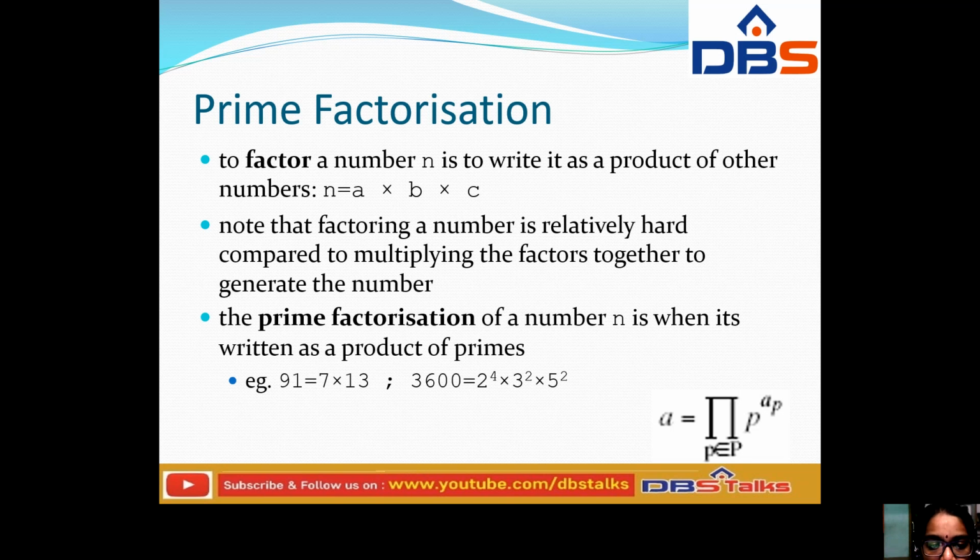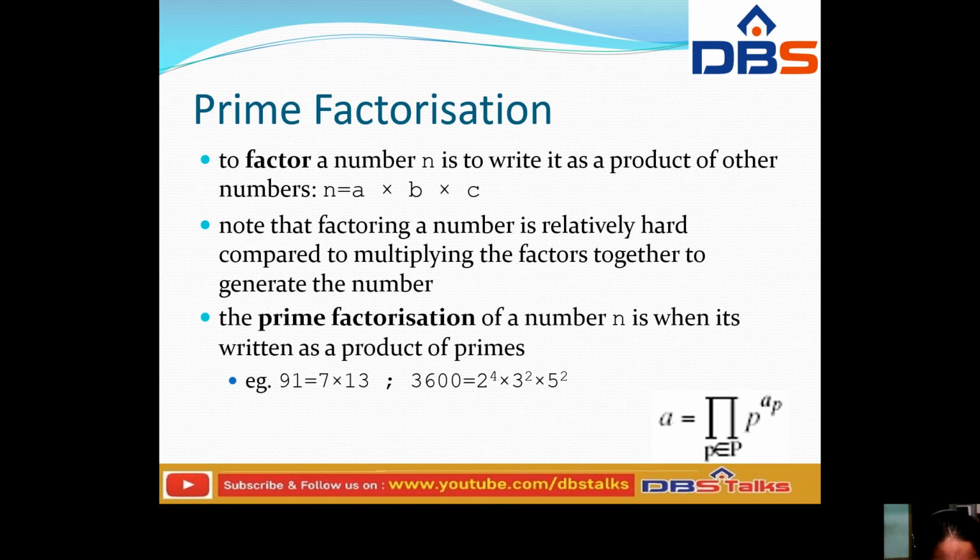As another example, 3600 is 2 power 4, 3 square into 5 square. 2 is a prime number, 3 is a prime number, and 5 is also a prime number. So we can say this one is a product of primes, so we can say it is a prime factorization.